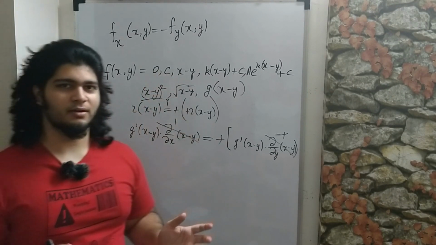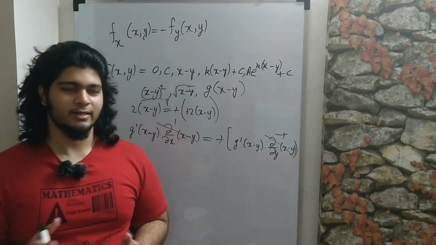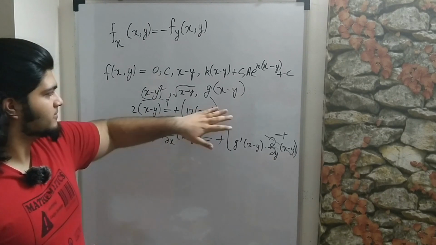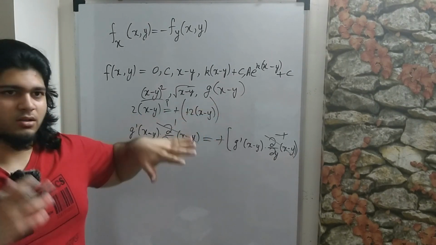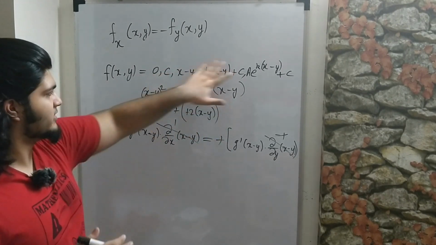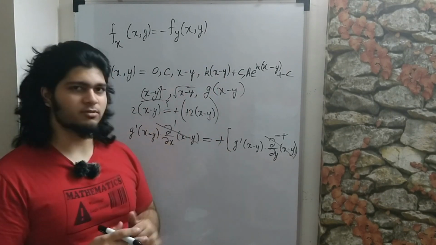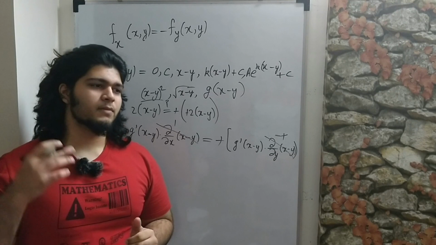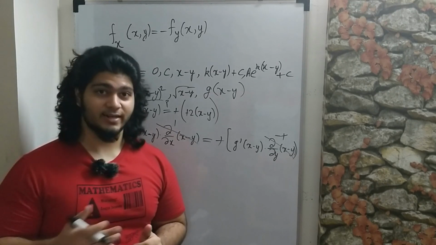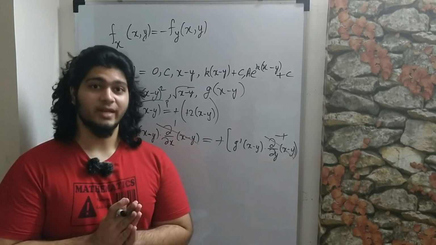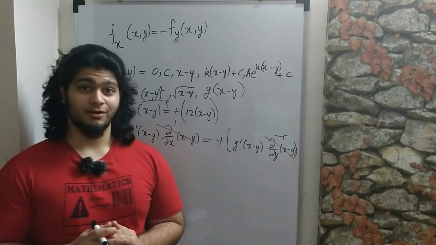You don't need to multiply by k and add c. This basically covers all the solutions that we have guessed so far, and now it boils down to either proving this is the only possible solution, or if it's not, then we want to find the rest of the solutions. So we'll do that in the next video. For now, thanks for watching.